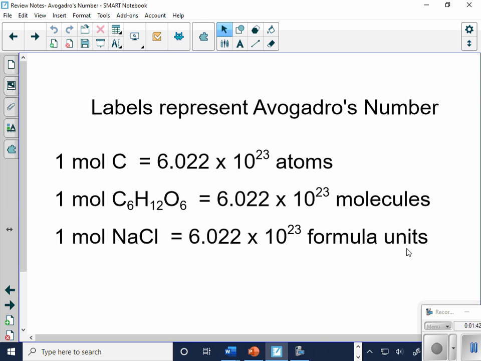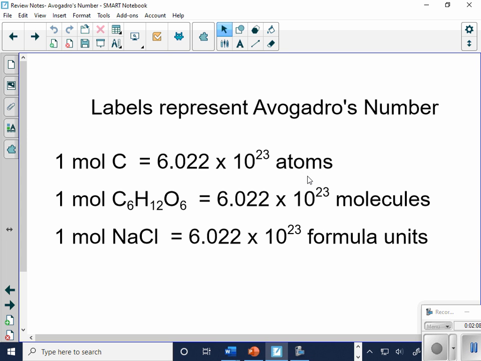So if I have a single element, I am dealing with atoms because it's going to be important. Tomorrow, we're going to talk about two-step Avogadro problems. Today, we're only going to do single-step Avogadro. Tomorrow's two-step. So we need to know the difference between formula units, molecules, and atoms.